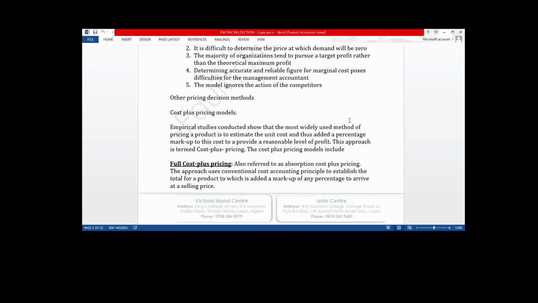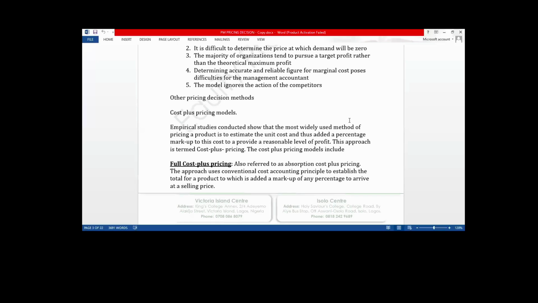The total cost includes the variable cost, the fixed cost, and other costs incurred.